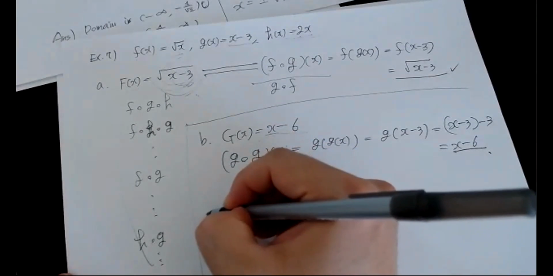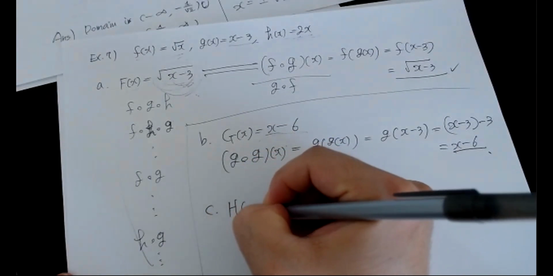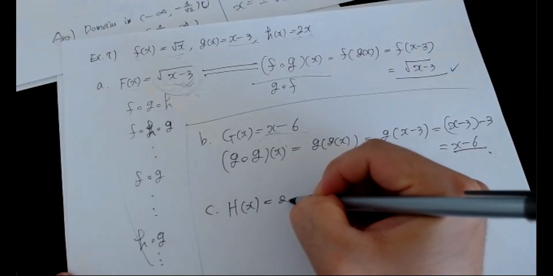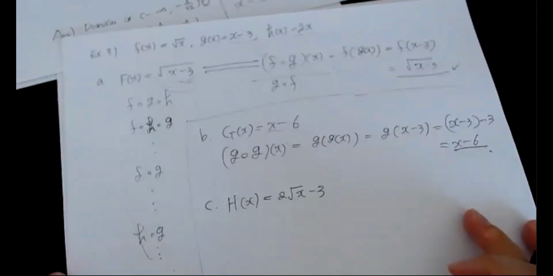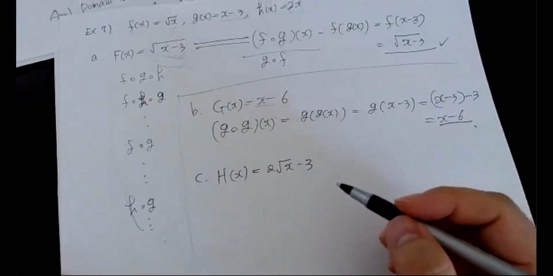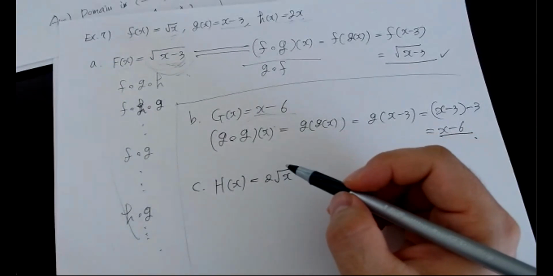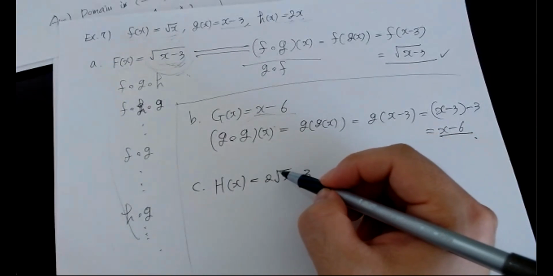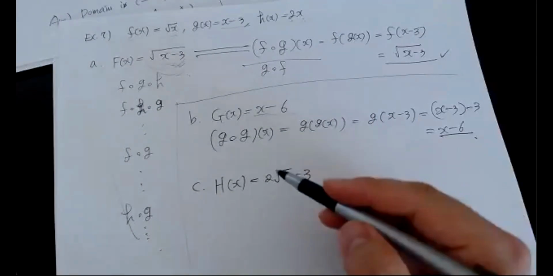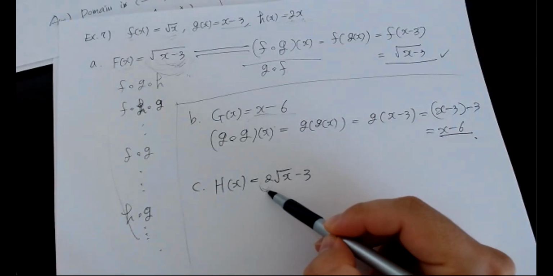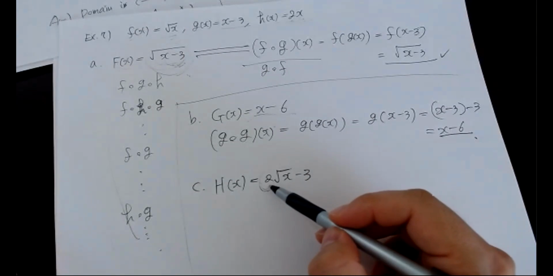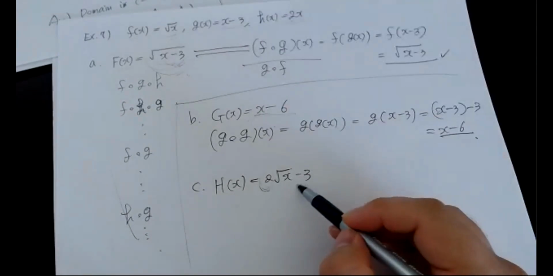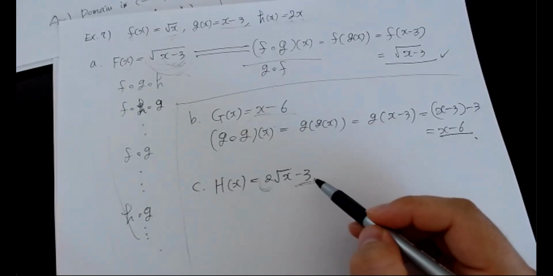Now c. Capital H is given by 2 times the square root of x minus 3. Definitely the square root is involved, so f must be involved. The coefficient of the square root of x is 2, so h must be involved. And the minus 3 definitely comes from g.